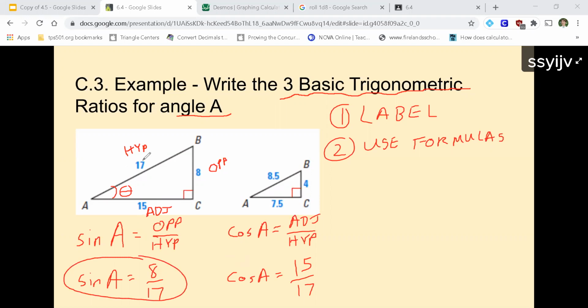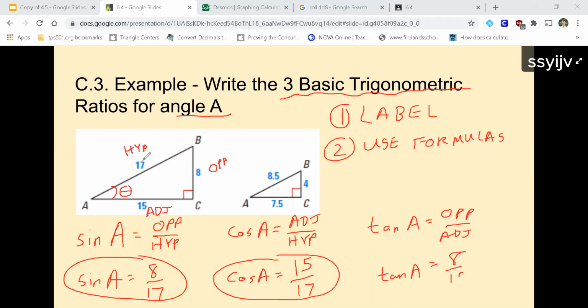Again, I'm just writing the formula, done. Not doing anything more to it. Tangent of angle A is opposite over adjacent. TOA. So the tangent of angle A would be 8 over 15. Again, not doing anything more to it.